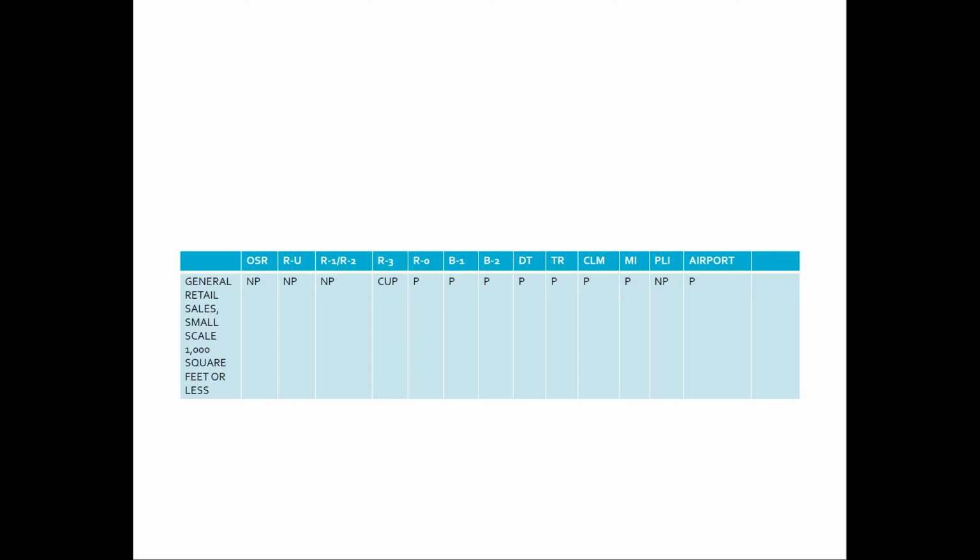Would someone be able to get a food truck for an event like that in their residential neighborhood if they are not normally permitted in those zones? Good question. We hadn't thought of that.